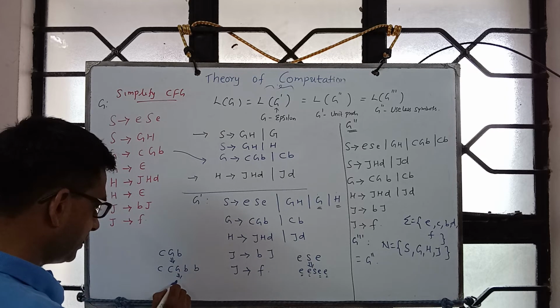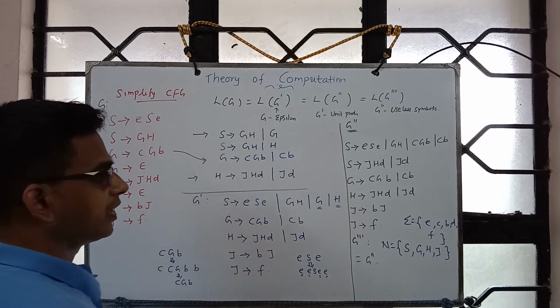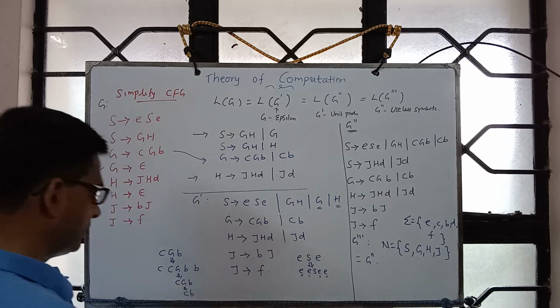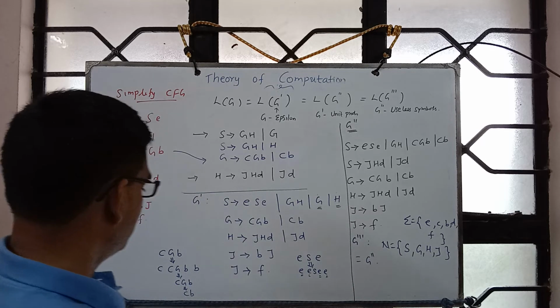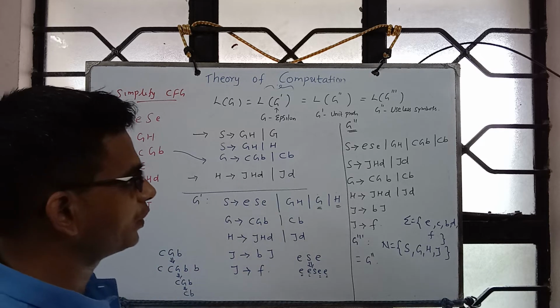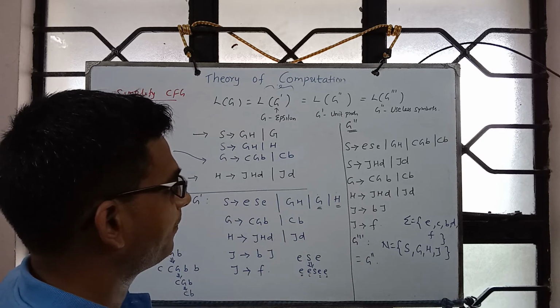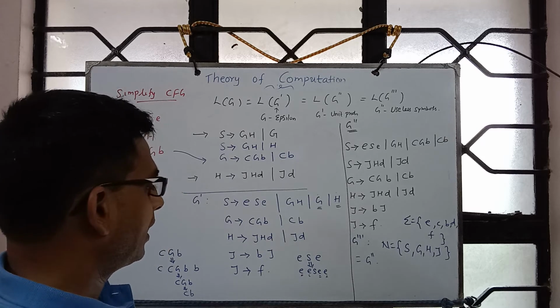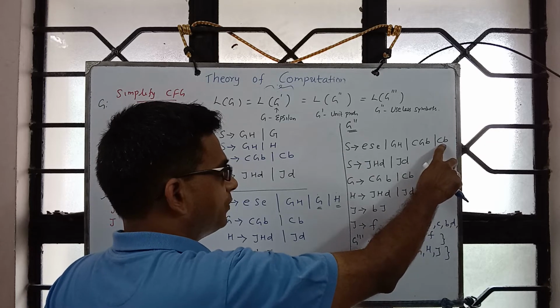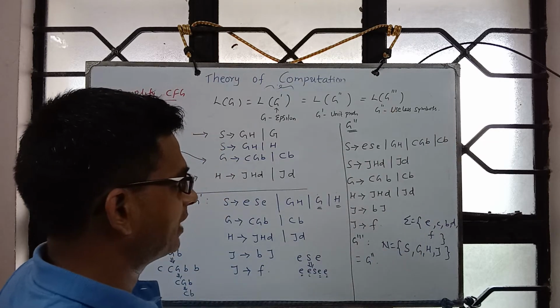Again, this implies CGB, and when we want to terminate, we get CB. So that shows that for every C, a corresponding B is also generated. Okay, and one can also terminate using this CB. Okay, so that's also there.